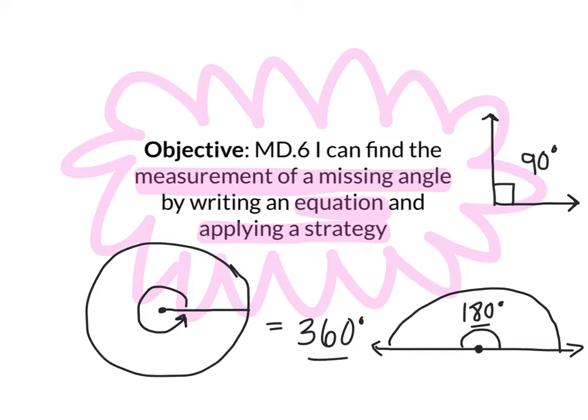Now back to our 90 degree angle. When we folded our 90 degree angle, or we cut our 90 degree angle in half, we got our 45 degree angle. And this was our next benchmark angle.